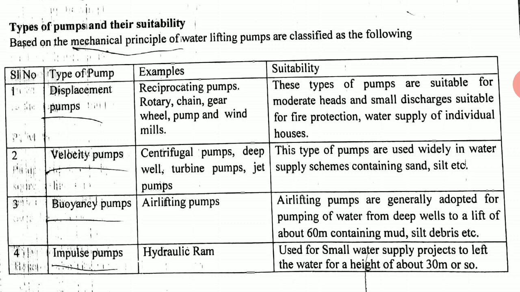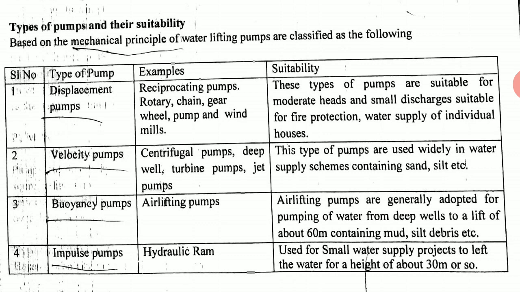Suitability: this type of pump is used widely in water supply schemes containing sand and silt. As it is a centrifugal pump, the velocity will be more, the water movement will be more, and at the time of lifting, it can suck in the sand and silt, so it suits water that contains sand and silt.